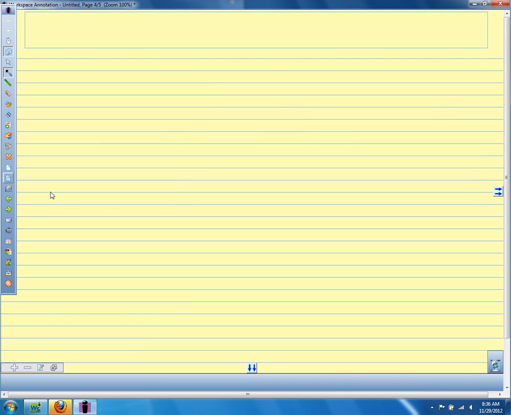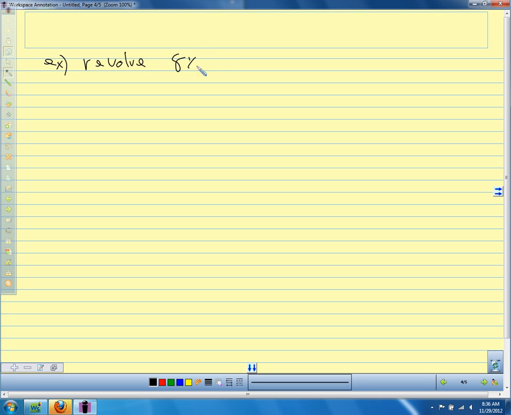Okay. For this one, let's revolve 8x squared equals y to the third about the x-axis. So for this one, what variable do we need our radius function to be a function of?